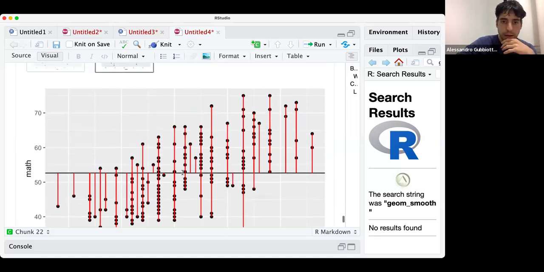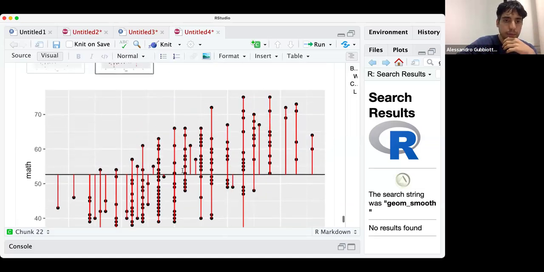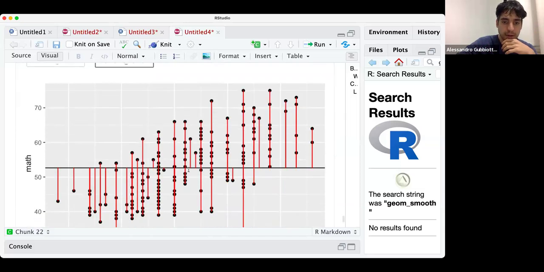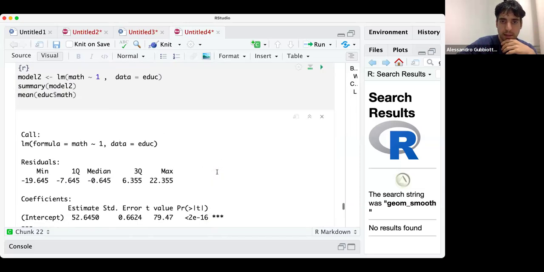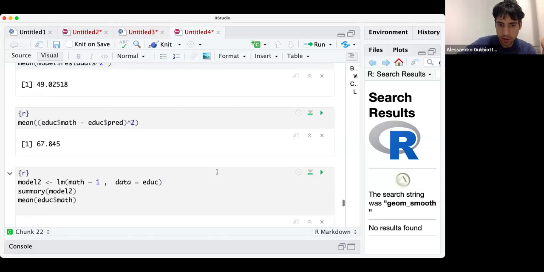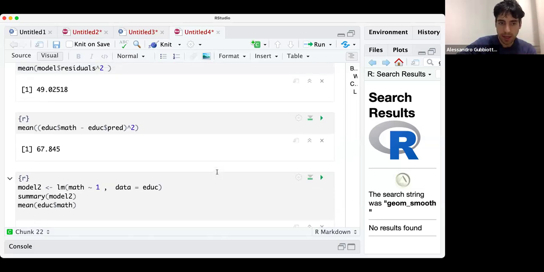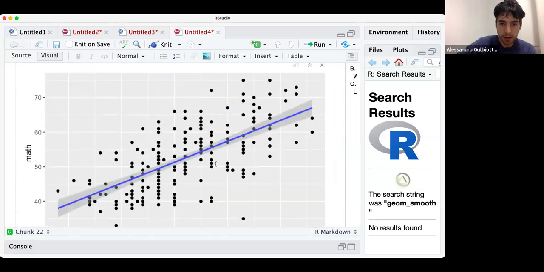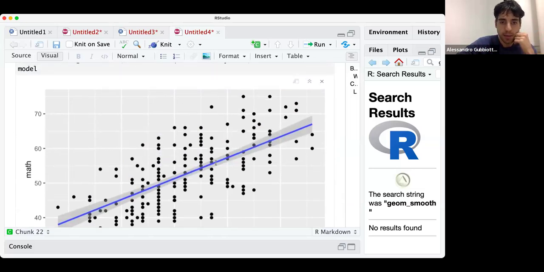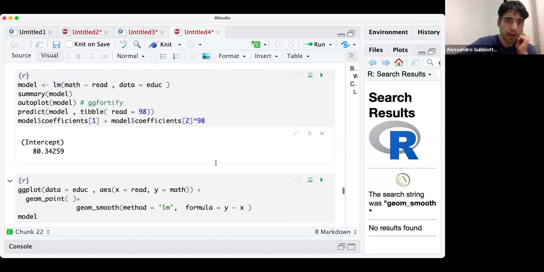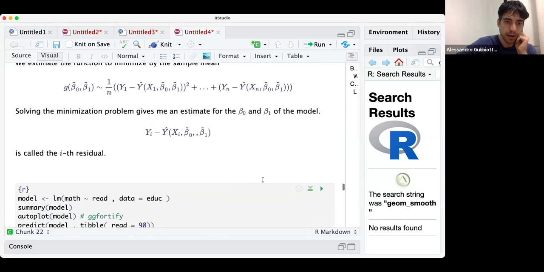Now, how much worse is this model than the previous one? Of course it is worse, because we are not using a variable that we were using here. In this case, it's really much worse. And the way of quantifying this is given by this summary.